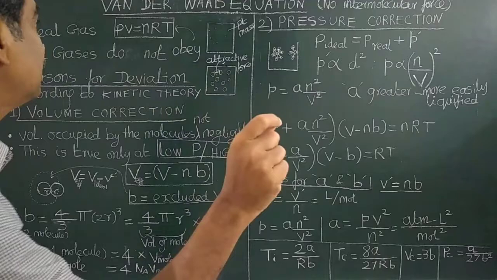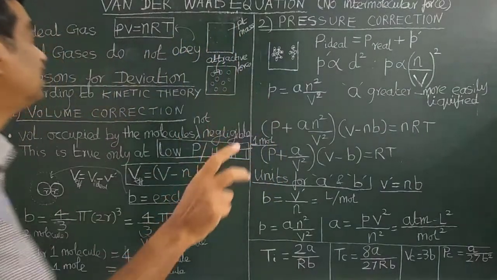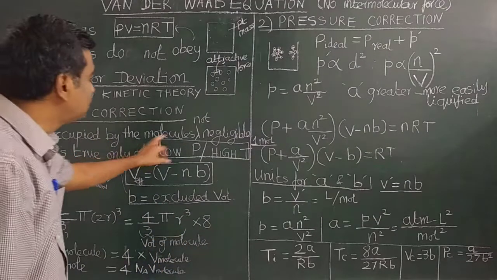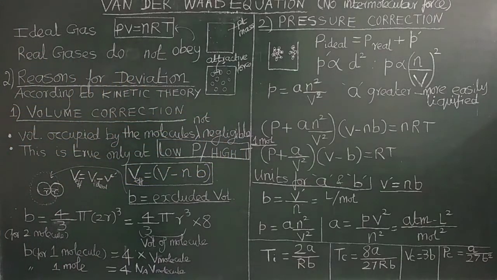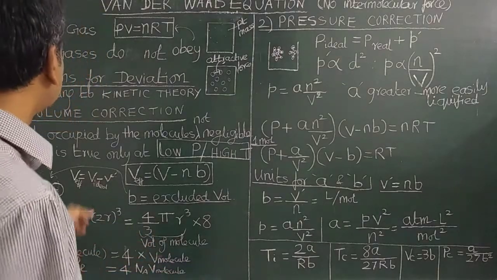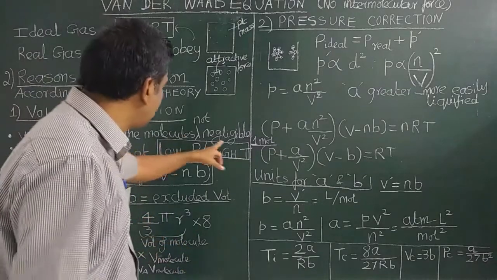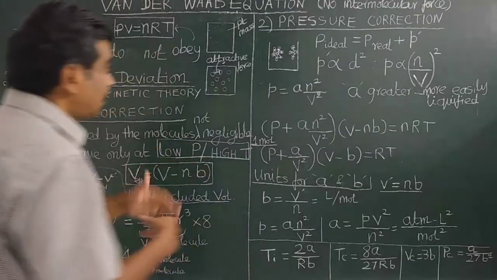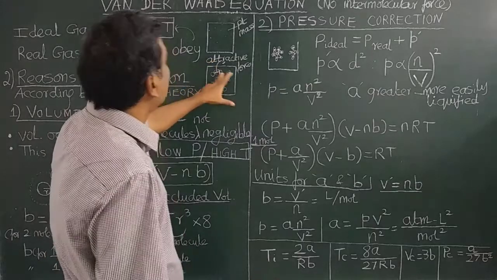The volume occupied by the atoms or molecules is negligible, but it is not true. So the volume occupied by the molecules is not negligible. So van der Waals made two corrections. He introduced a correction to account for the volume of the gaseous molecules.